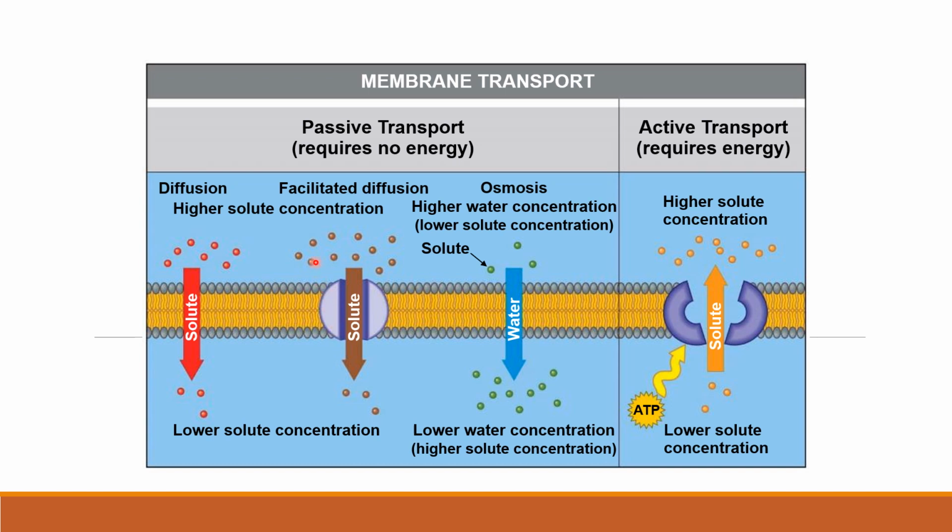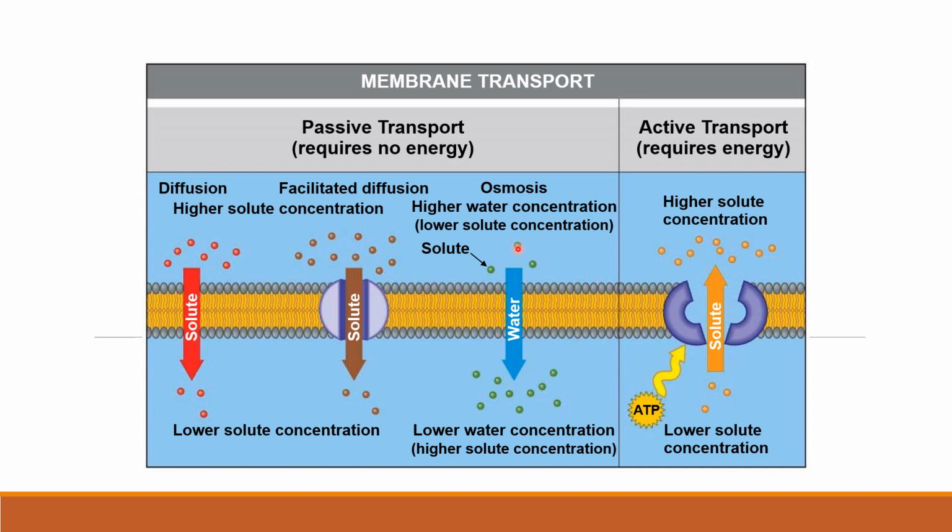Those two types of diffusion are passive, and no energy is required, because the molecules are always moving from high concentration to low concentration. Osmosis is also passive because the water is moving from high water concentration to low water concentration, and that does not require any energy either.